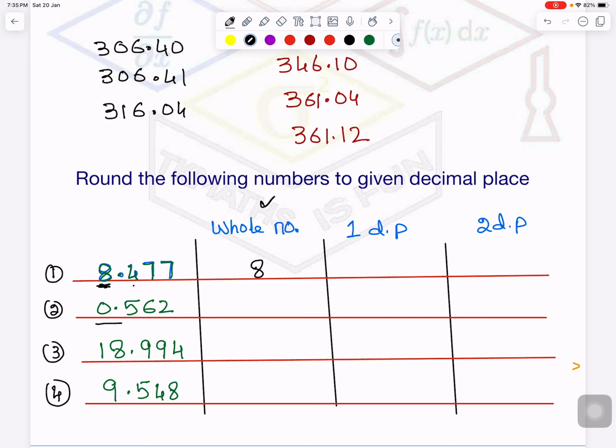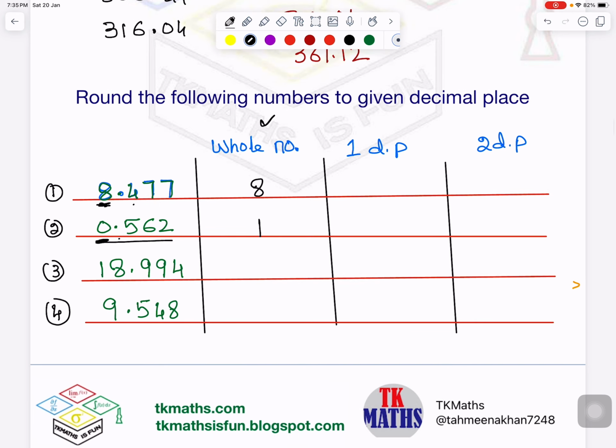Let's see this case. Digit at the whole number place is 0. But what is the digit right after decimal? It's 5. So it means 0 will increase by 1 and it will become 1. If you see here, it is 18 and the digit after the decimal is 9. So 1 will be added here, it will be 19. What about this one? The digit after decimal is 0.5. So 9 will become 10.